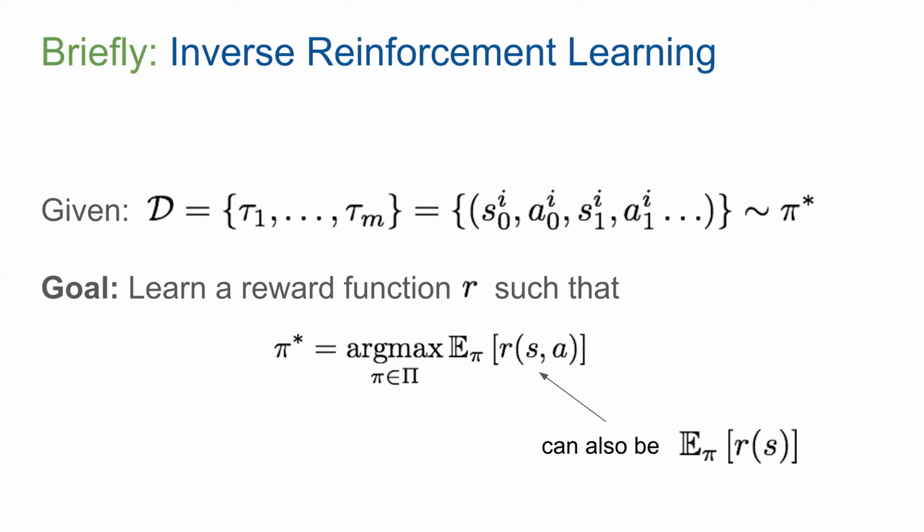Inverse reinforcement learning is not super popular in learning to optimize, so I'm just going to skip it. And the reason why it's not super popular is that we typically have access to a demonstrator at training time. So for example, we have access to a more expensive solver at training time that maybe we don't want to run at test time.